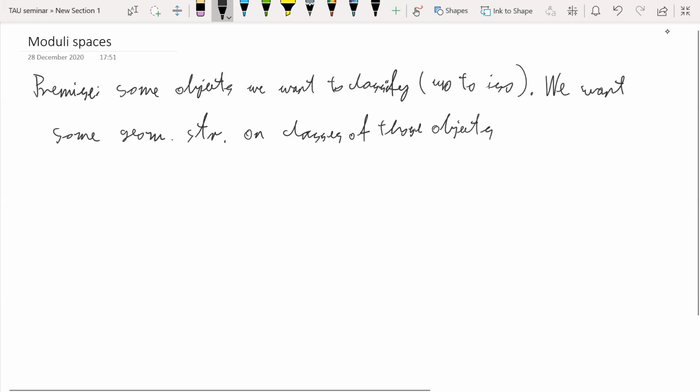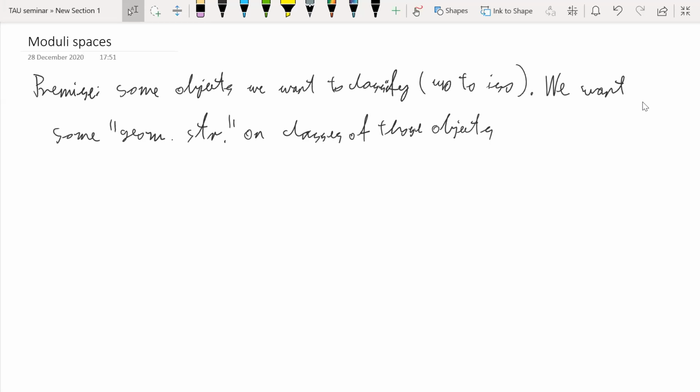So I'm not going to be too formal on what I mean by geometric structure here. For the most part, I am just going to leave it up to intuition.